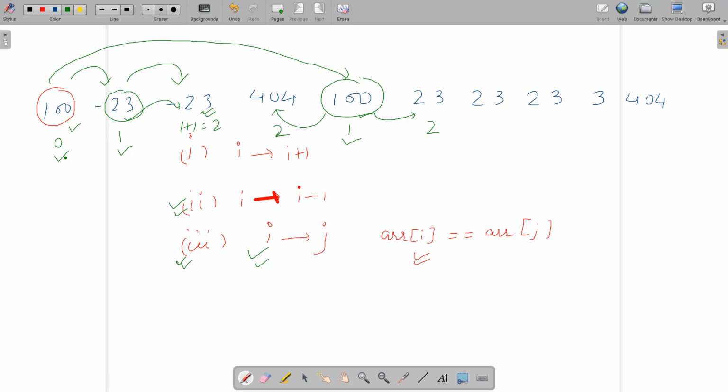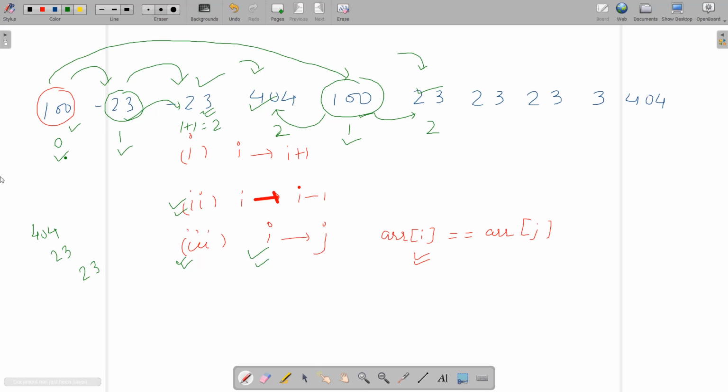Now I start working for the minimum number of jumps equal to 2, so I would be working for the 404 number, and also for 23, that is for this index and this index, because their minimum number of jumps would be 2. That is, I'm working level wise.